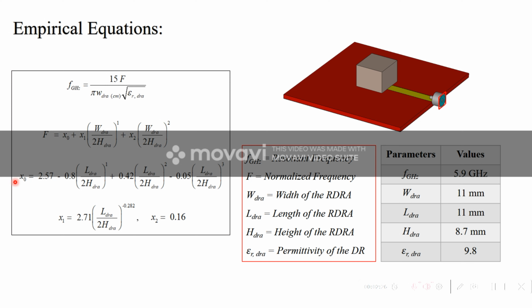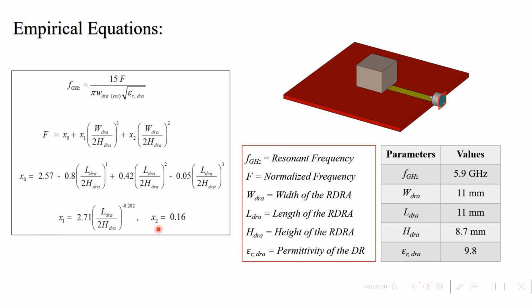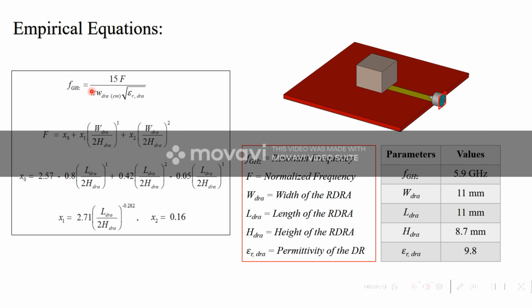Here we'll find the coefficients, that is x0, x1, x2. After finding x0, x1, x2, we can find the normalized frequency, that is capital F. After getting F, we'll determine the resonant frequency.